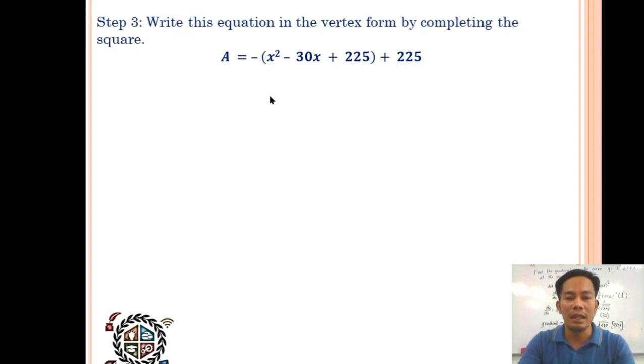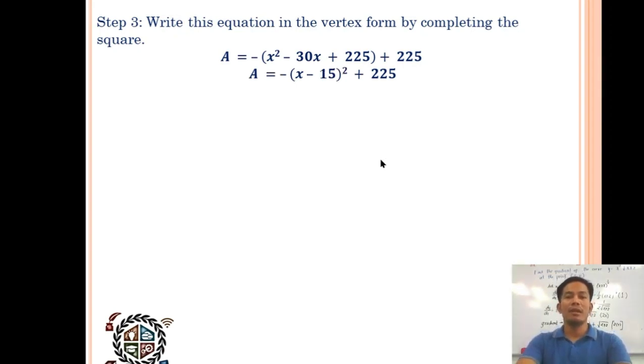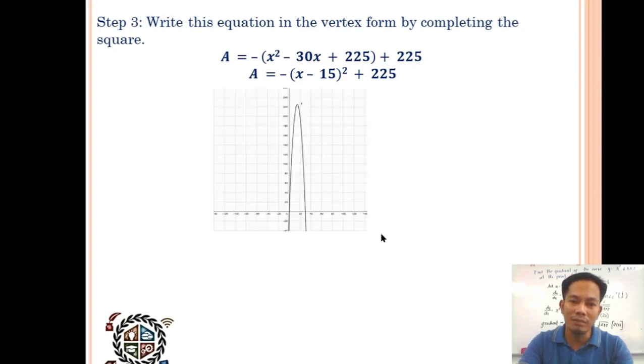Okay? Next. So, I have now completed the square. Kasi ang sabi mo, x negative 30 divided by 2 is 15. Ayan na siya. Then, negative value ang nandito. So, kung negative value ang nandito, yung parabola mo opens downward.